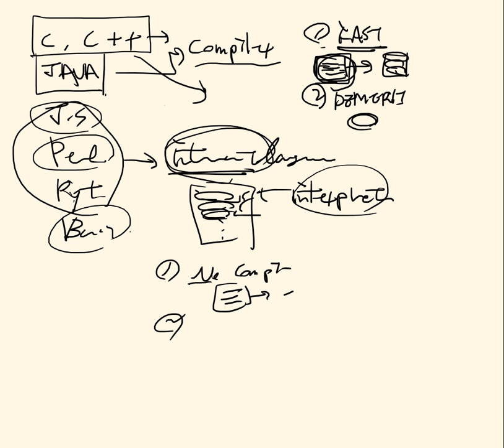So if we put some kind of error code in the middle of the program, the interpreter will execute the code until we meet this error line.